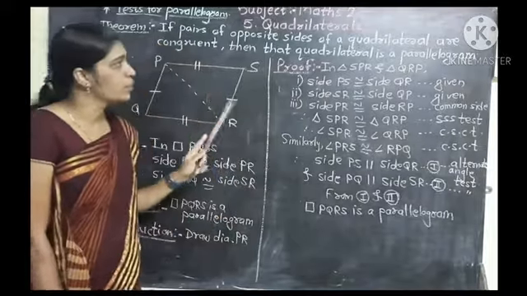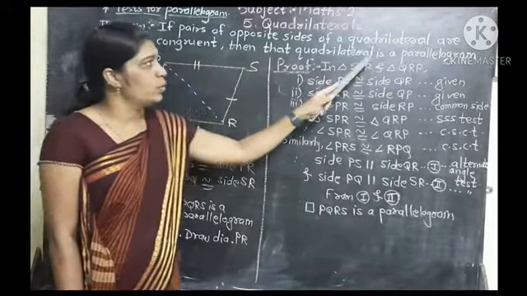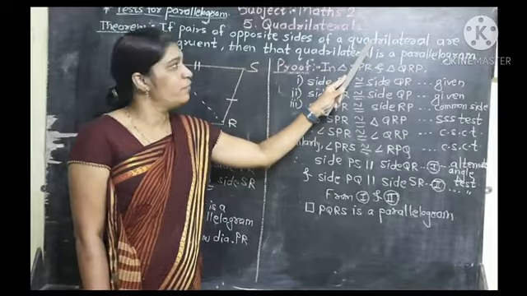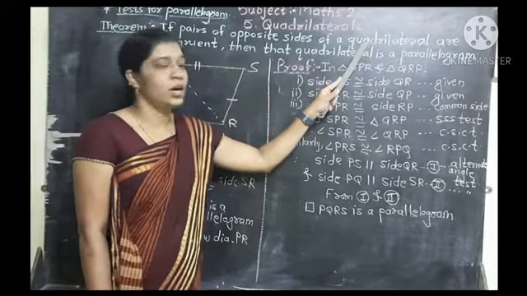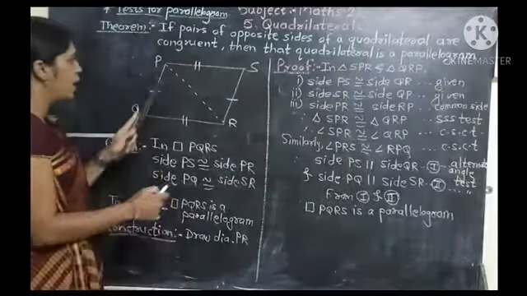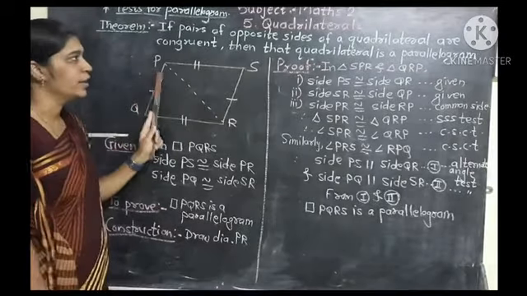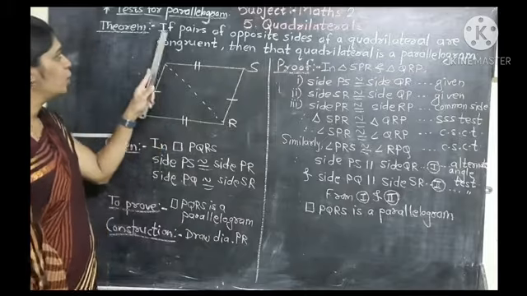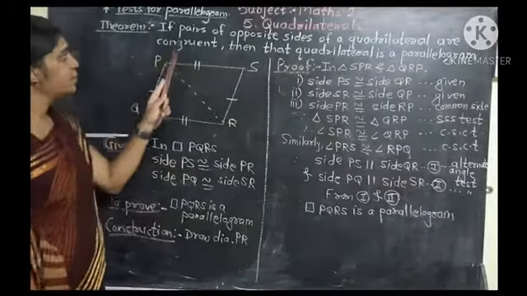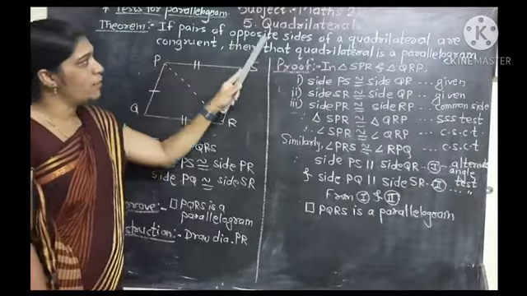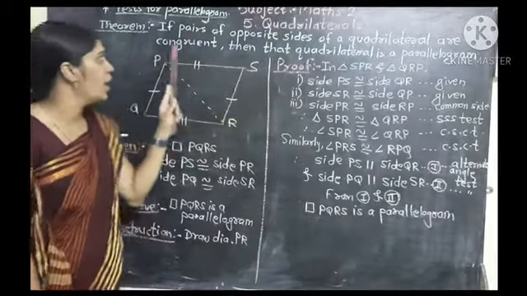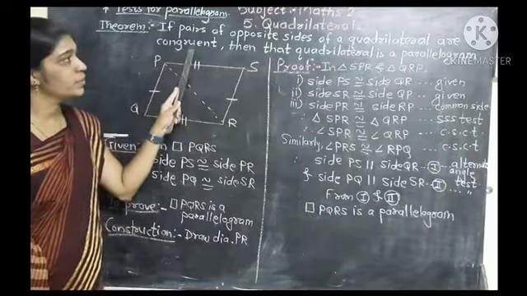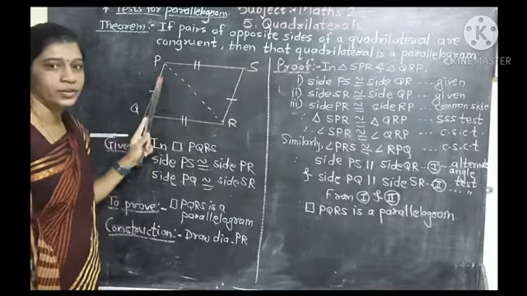So we have to draw a quadrilateral. I have drawn a quadrilateral here and named it PQRS. Now what is given in this theorem? Pairs of opposite sides of the quadrilateral are congruent.